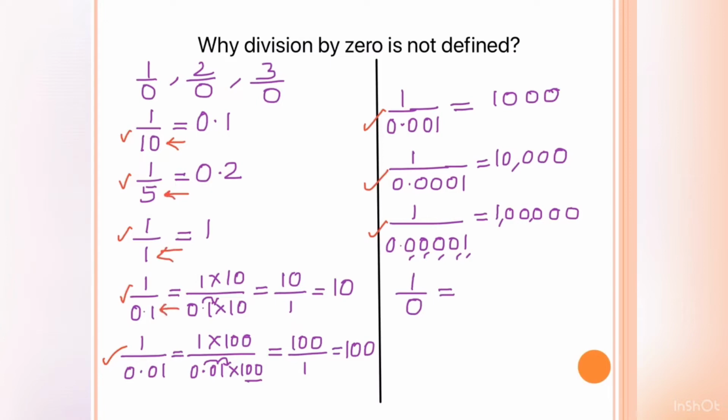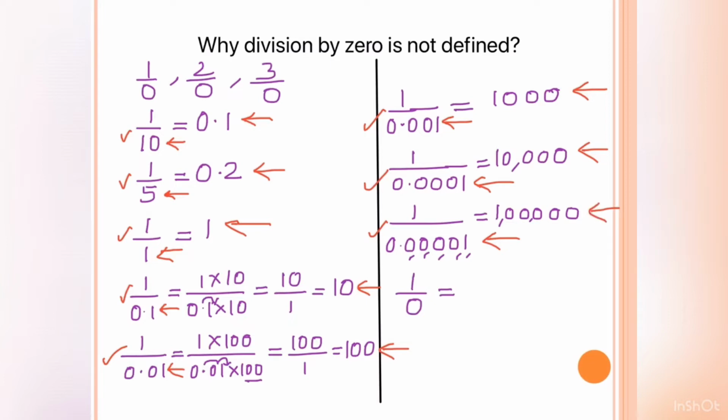We kept decreasing the denominators, so the value of these kept increasing. 0.1, 0.2, 1, 10, 100, 1000, 10,000, 1 lakh.